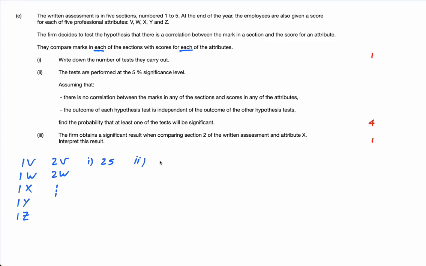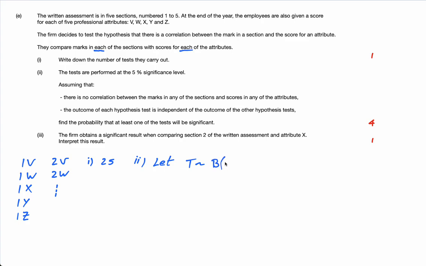And the way we're going to do it is we're going to let this whole thing be a binomial distribution. Normally I would choose X, but they've already used X, so I'll just let it be T. I forget what they use in the mark scheme, maybe it's T. Anyway, let T be a binomial distribution.